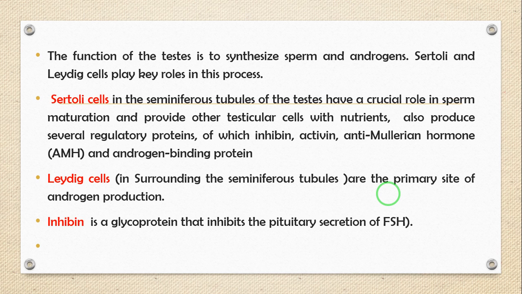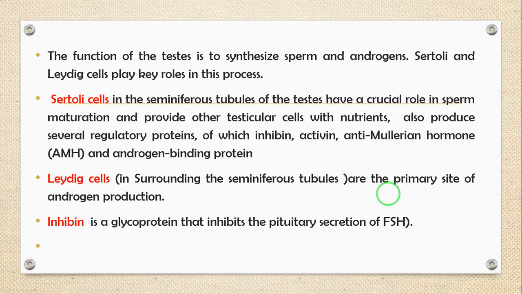Leydig cell produces the hormone testosterone, and this process occurs under the control of the luteinizing hormone, while the Sertoli cell provides the other cells found in the testis with nutrients, and also produces several very important regulatory proteins.